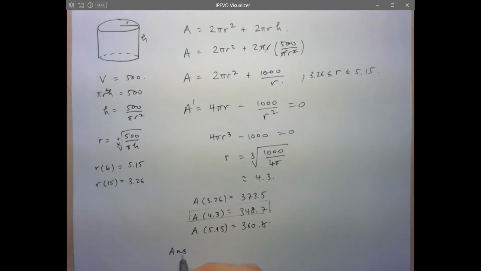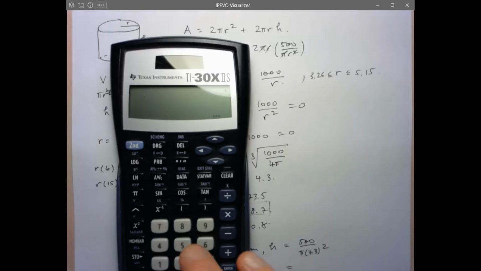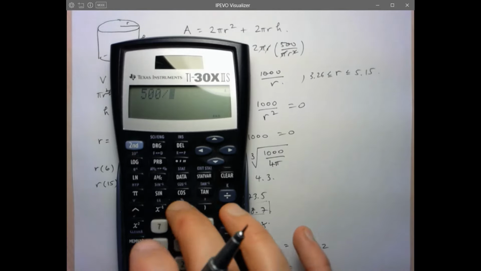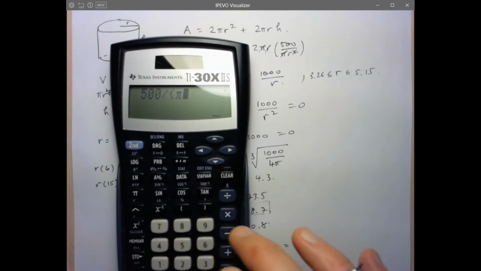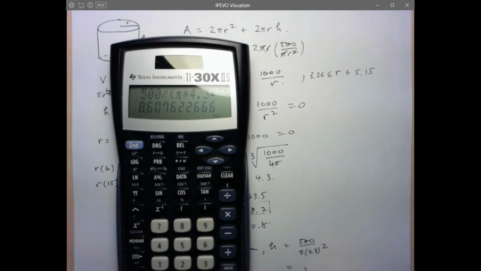So for our answer, we have that the radius would be equal to about 4.3 centimeters, and then the height is just equal to, and this is where I'll use my equation, 500 over pi times 4.3 squared, and let's see what that gives us. Okay, 500 divided by pi times 4.3 squared. All right, and we get 8.6 centimeters.